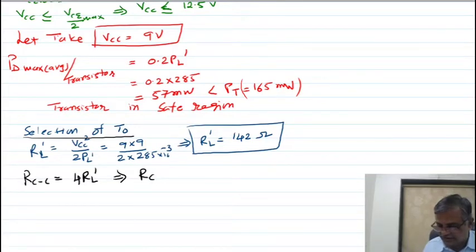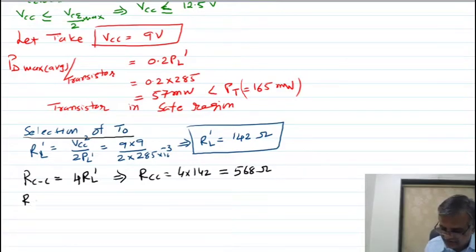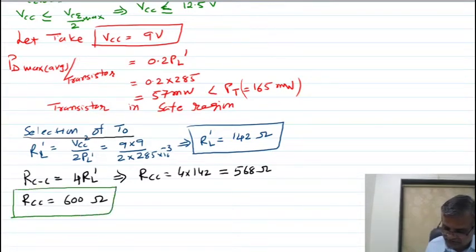So RCC I can write 4 into 142, which is 568 ohm. Generally in the market, a 600 ohm transformer is available, so I am writing 600 ohm.